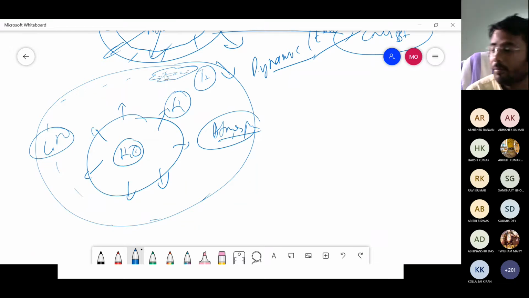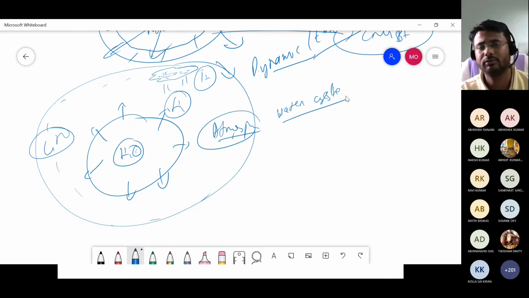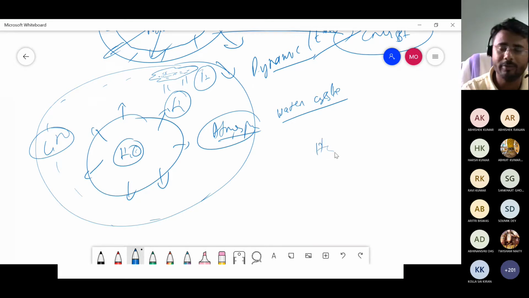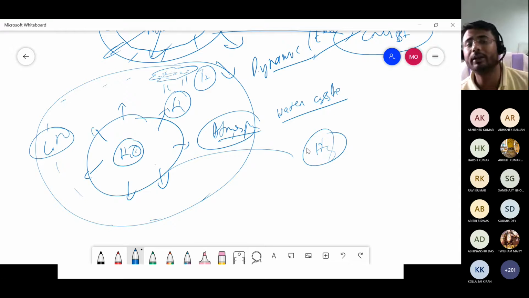It will form clouds, attain condensation, and definitely precipitate, which today we know as the water cycle. Am I correct? So thereby, what will be produced in the end? The hydrosphere will be produced. Okay. This lithosphere, atmosphere, hydrosphere did not get produced in a single day. It evolved.